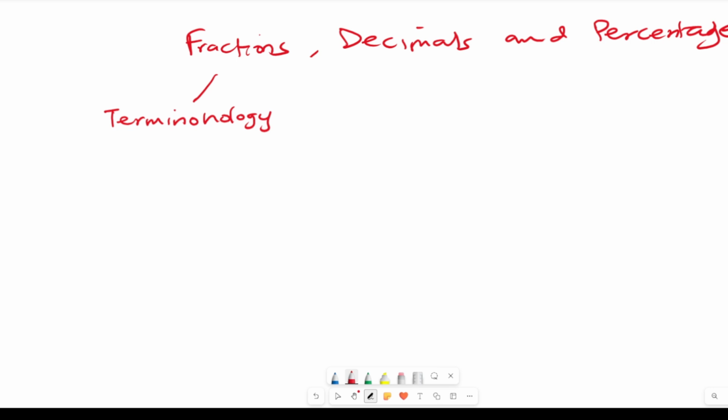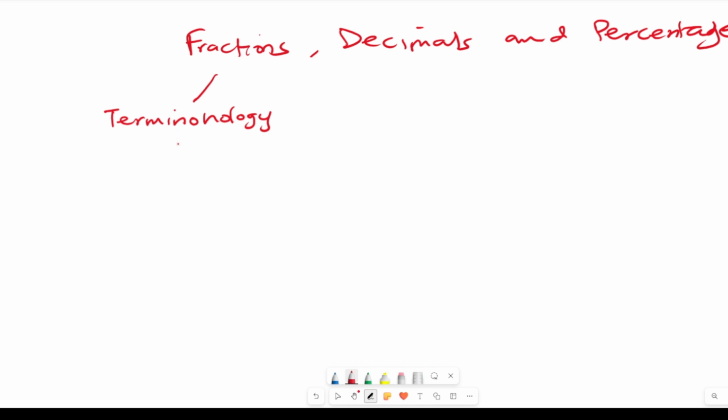So if a math problem has a technical term, let's say find the denominator of something, and you don't understand denominator, straight away you are stuck. It's very difficult for you to move on. So we'll be looking at some terminology in fractions.